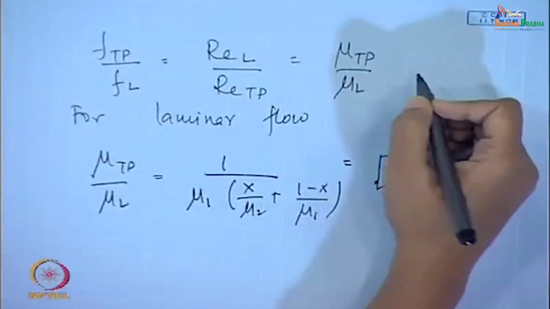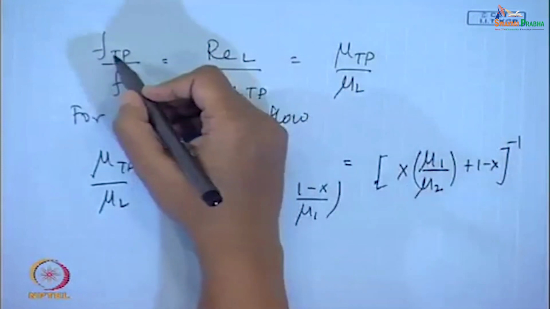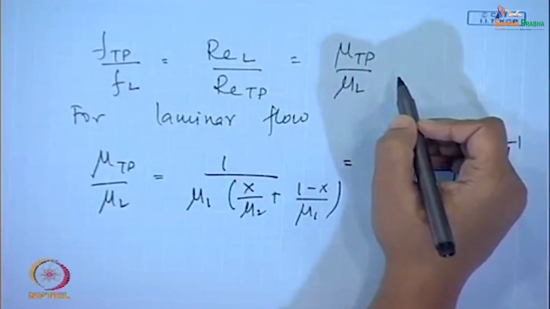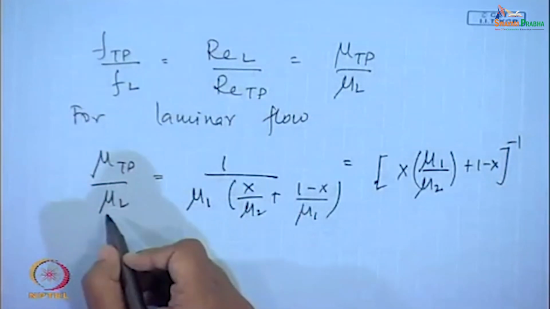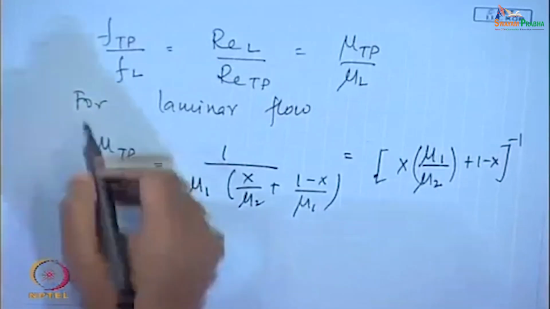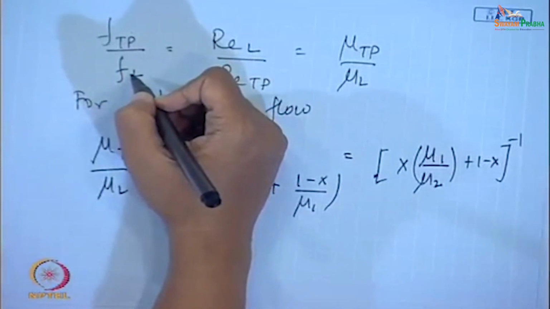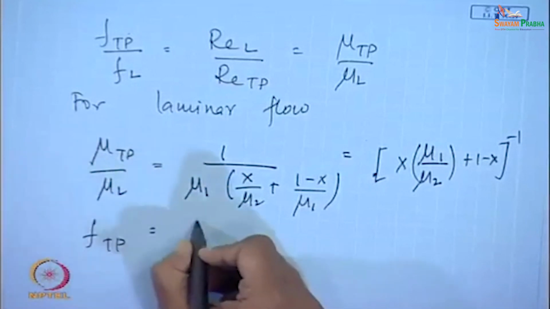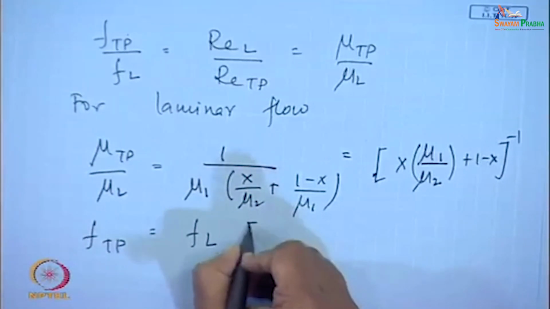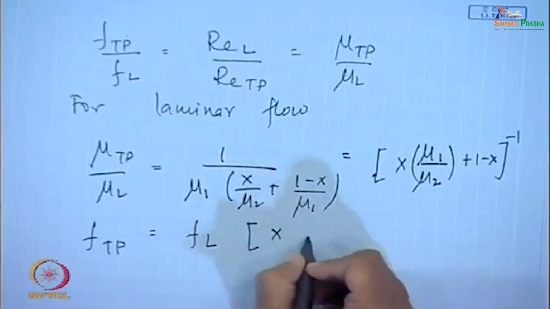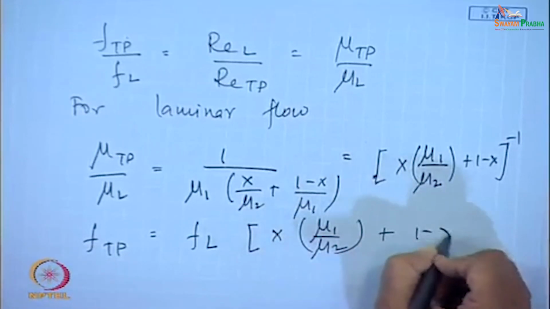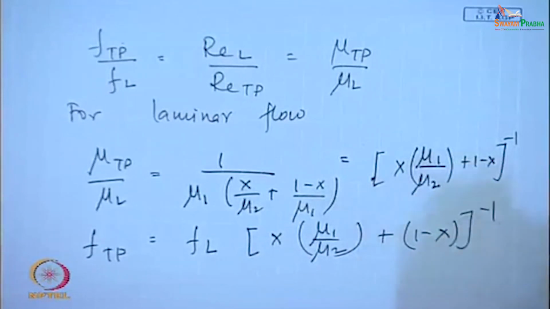Under such circumstances, how to express FTP in terms of known variables? Once we can express mu TP by mu L, this is the relationship between FTP and FL. So we can write FTP as FL into x mu 1 by mu 2 plus 1 minus x, whole to the power minus 1.